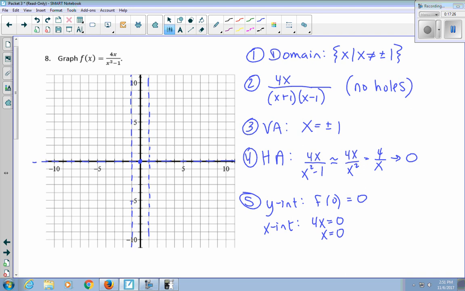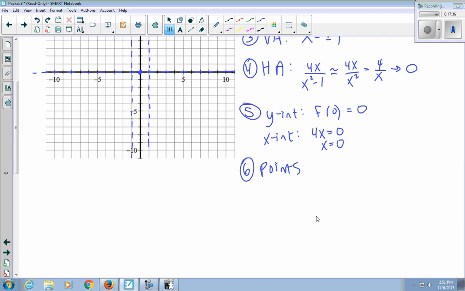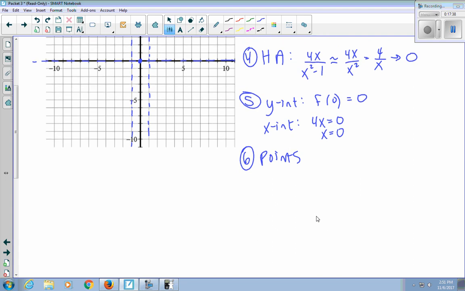And then plot some points. I need something to the left of my leftmost vertical asymptote, something between my asymptote and the point I have, and then the point and the asymptote, and then to the right of the asymptote.